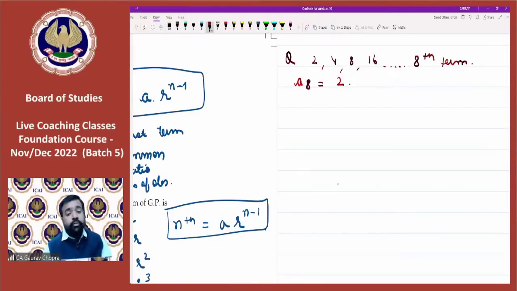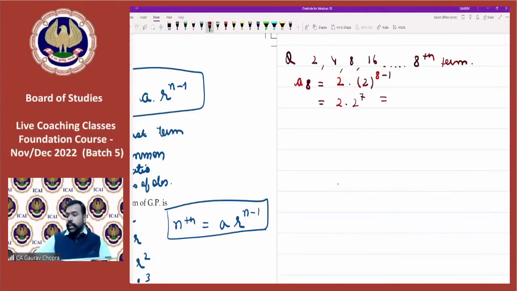So we have written the formula. We are substituting the values in the formula: a multiplied by r to the power of n minus 1, that is 8 minus 1. So how much does it become? 2 multiplied by 2 to the power of 7. Now you can calculate and let me know the answer.